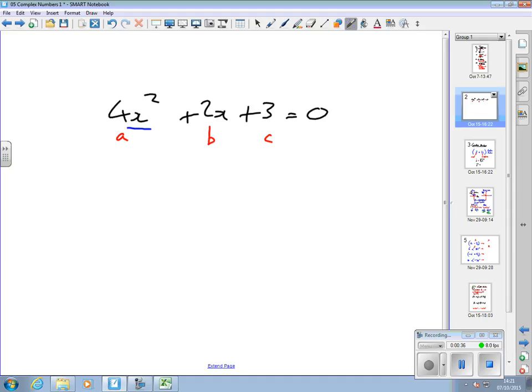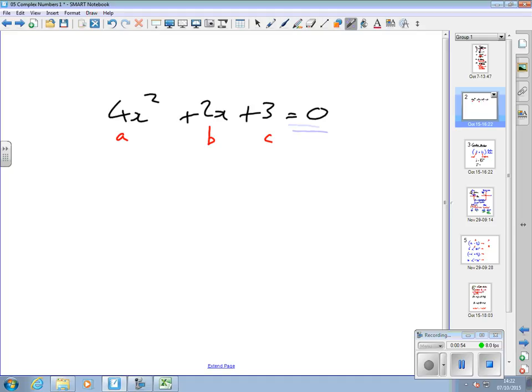We can have x cubed, x to the 4, x to the 5, and the longer they are, the more difficult they are to solve if we want to try and solve this equation, for example. So I'll make it into an equation by saying this left-hand side equals 0. And you might remember from last year that to solve this, we have to have the right-hand side equal to 0.